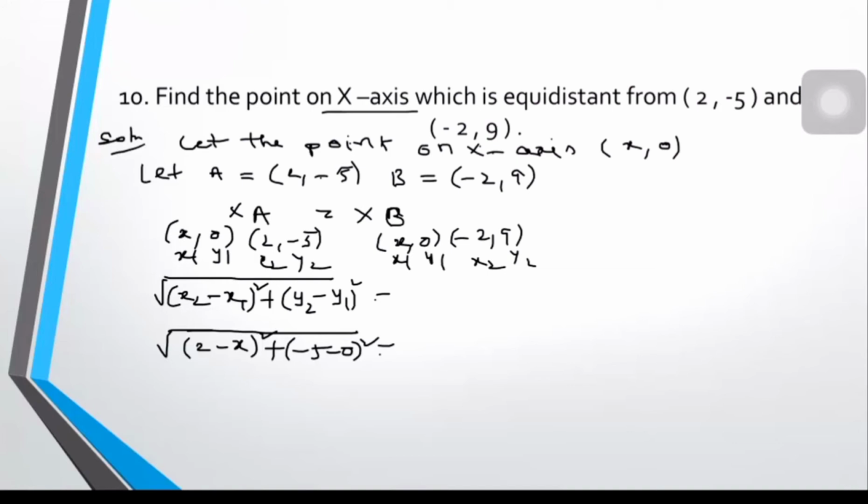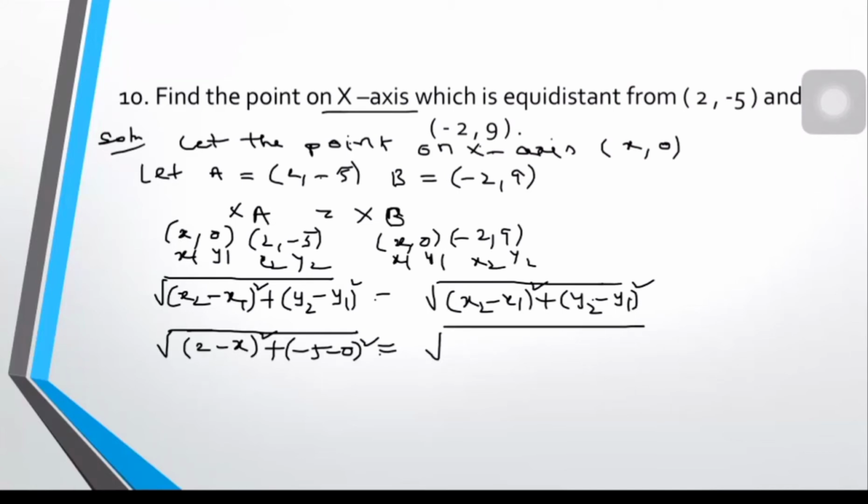here also apply the distance formula, (x2 minus x1) whole square plus (y2 minus y1) whole square. In XB, x2 is -2, x1 is x, so (-2 minus x) whole square plus (9 minus 0) whole square.